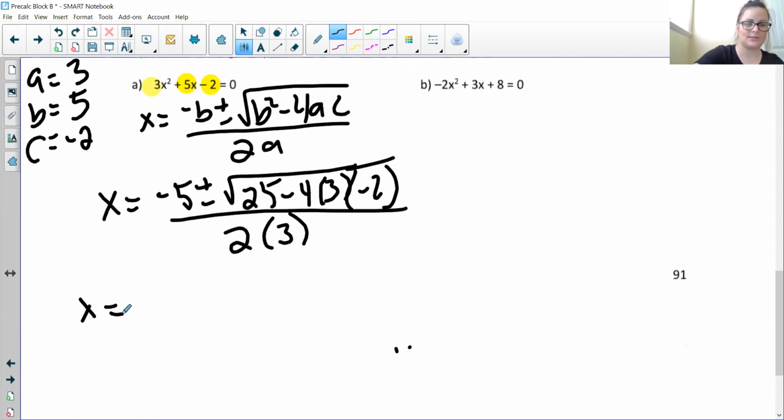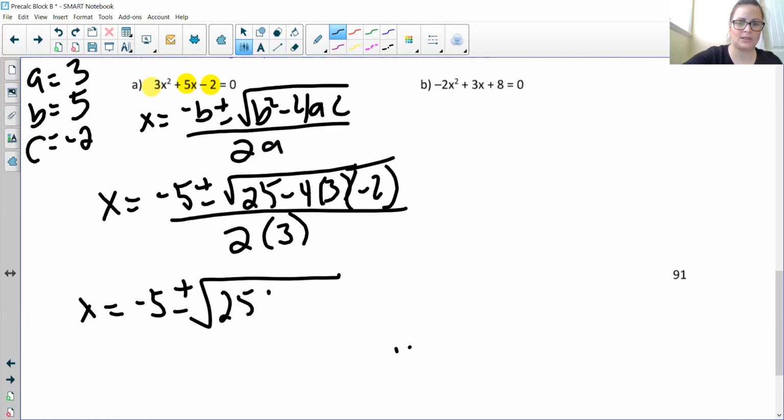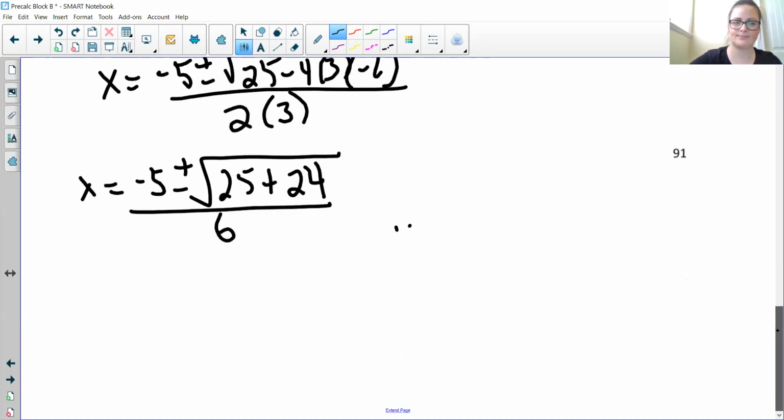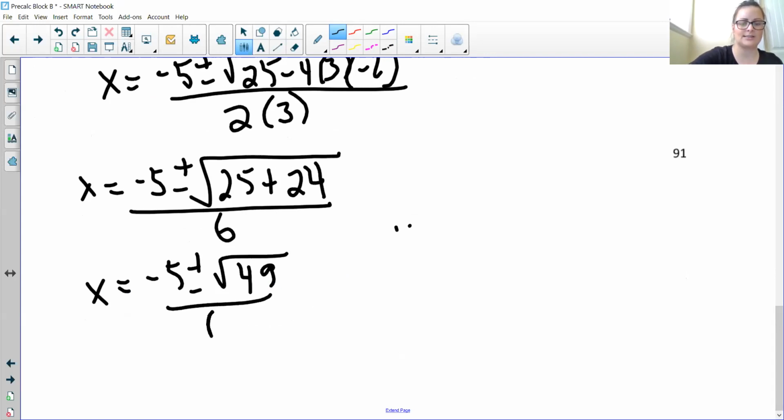So x equals negative 5 plus or minus the square root of 25 minus 4 times 3 times negative 2. So that will be 25 plus 24 over 2 times 3, which is 6. So x is going to equal negative 5 plus or minus the square root of 49 over 6.